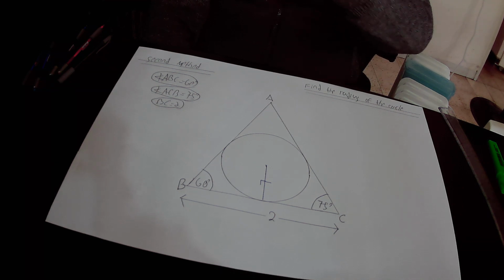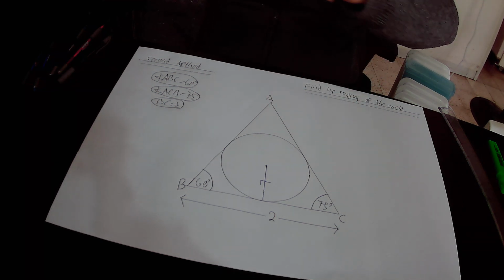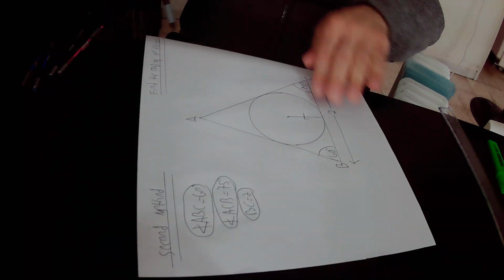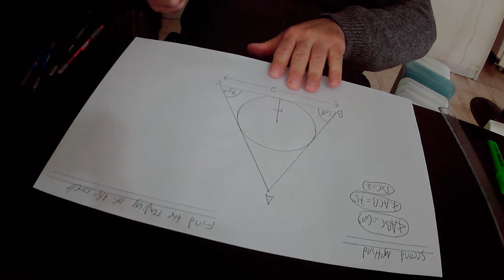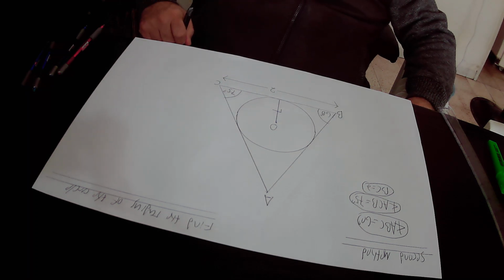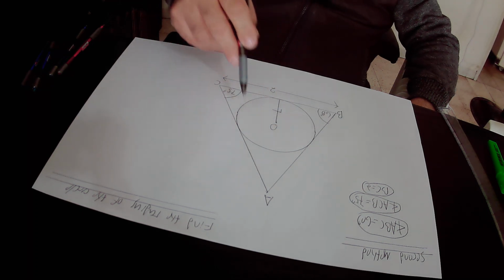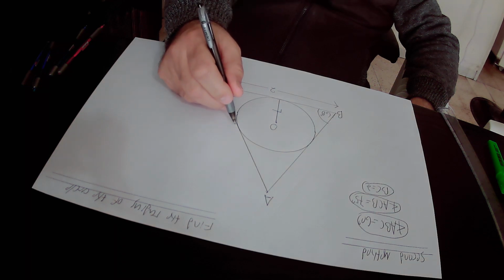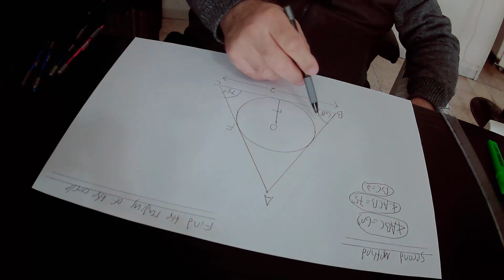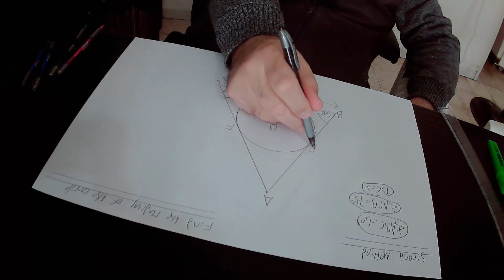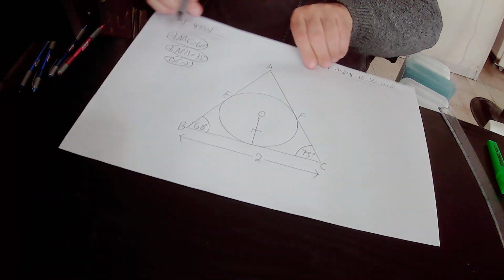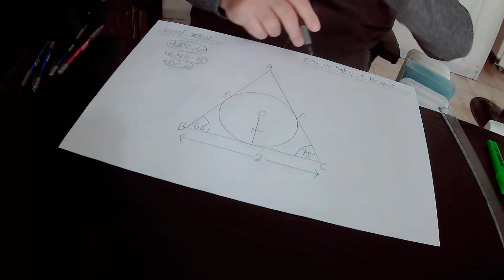In the second method, we define the center of this circle as O. We define the point of tangency of tangent AC with this circle as F, the point of tangency of tangent AB with this circle as E, and finally the point of tangency of tangent BC with this circle as D.